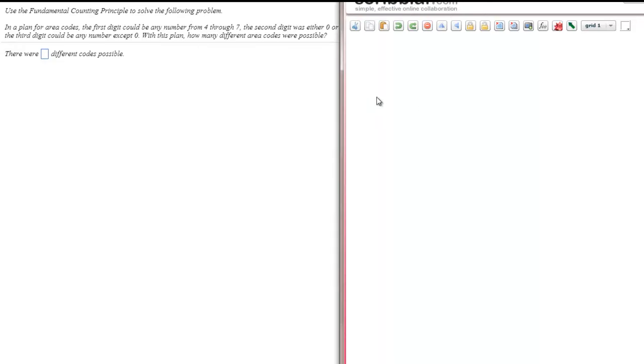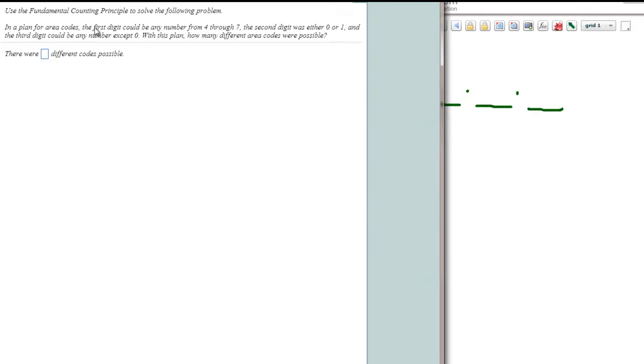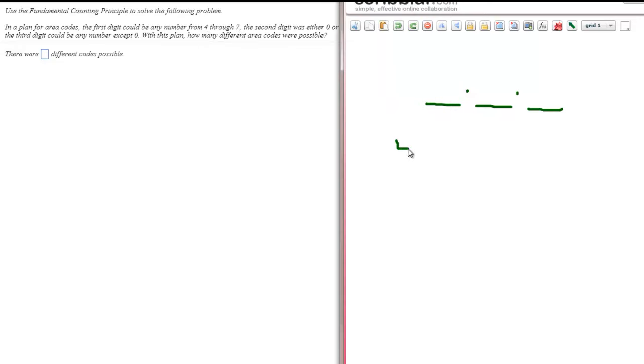So we have 3 spots for the area code. The first digit could be any number from 4 through 7: 4, 5, 6, and 7. So there are 4 possibilities there.